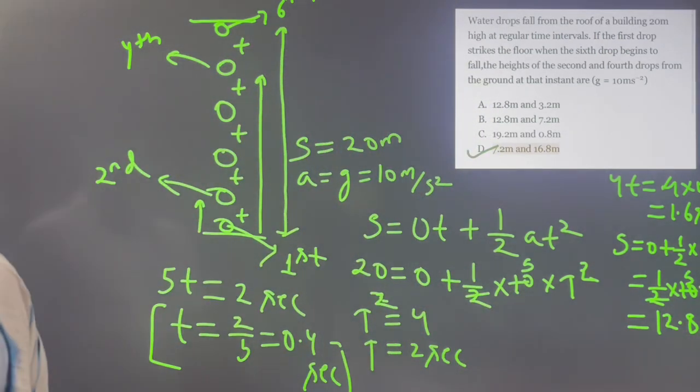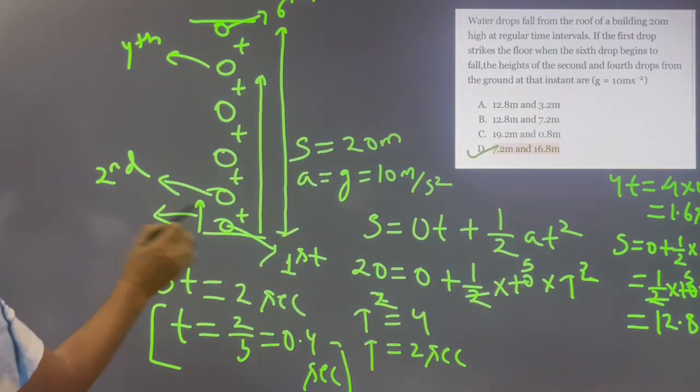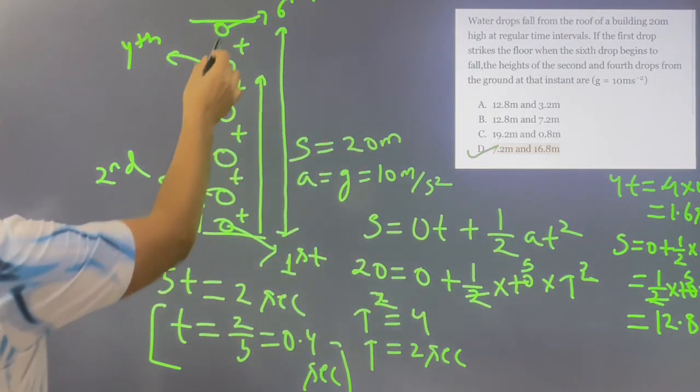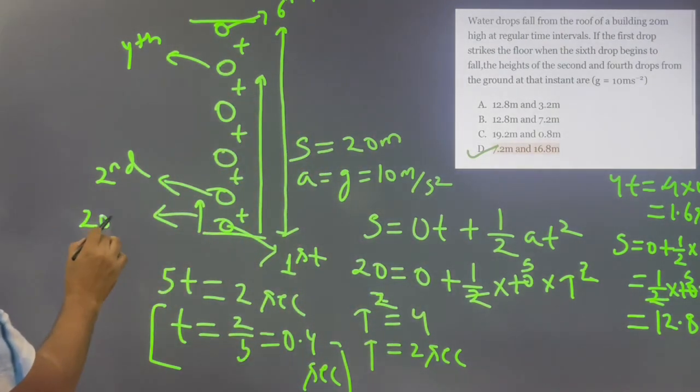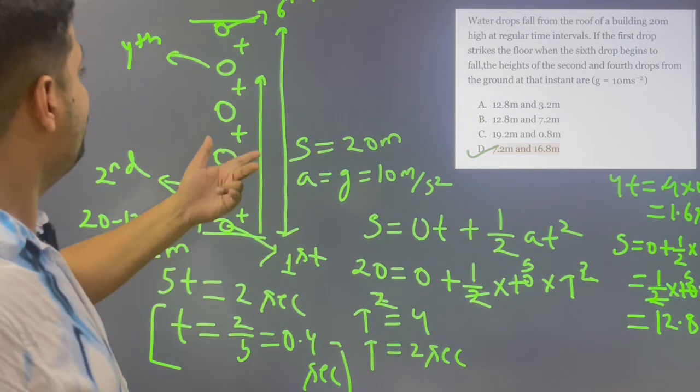So 12.8 meter from here to here. So what is this distance? Total is 20, so 20 minus 12.8 is 7.2 meter.